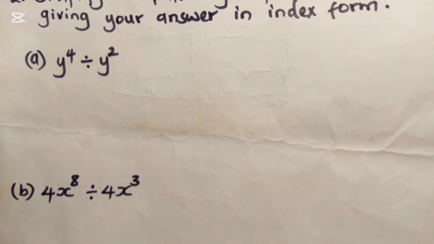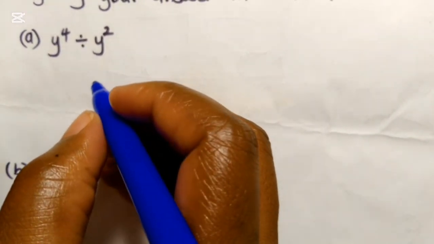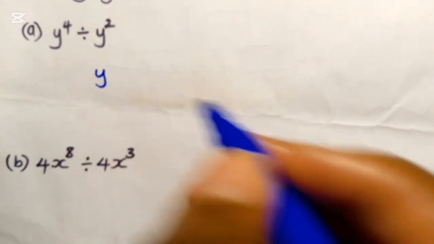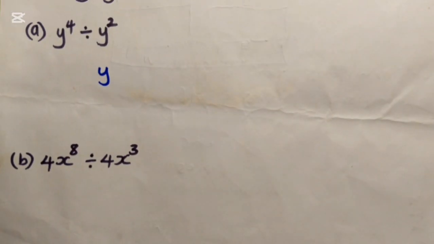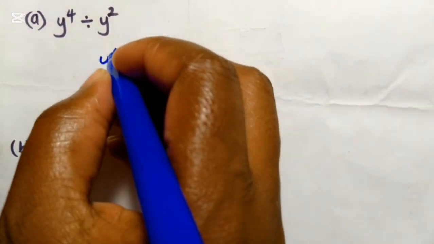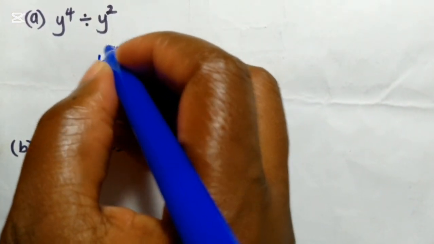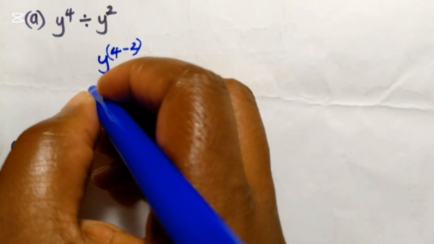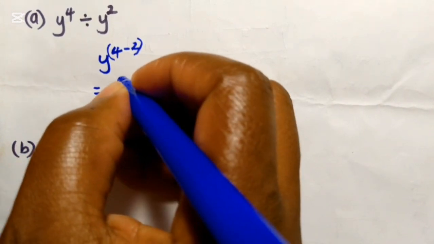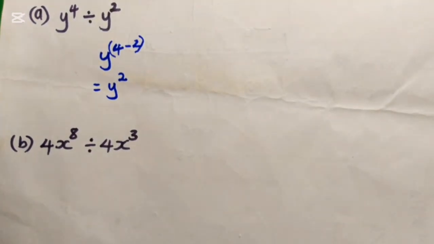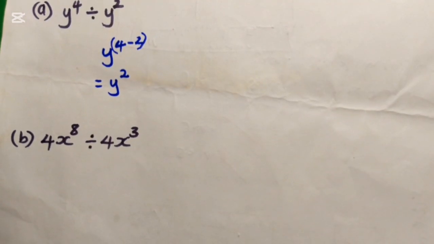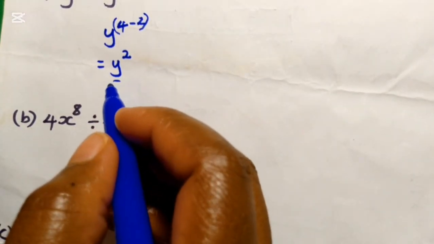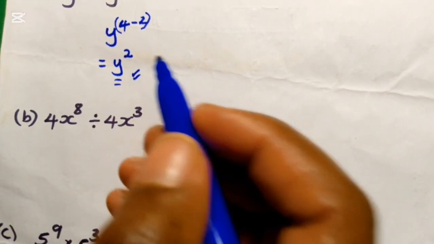So we are going to maintain the base y, and then after maintaining the base y, we subtract the powers. This will be y power 2. You see? Very, very simple.